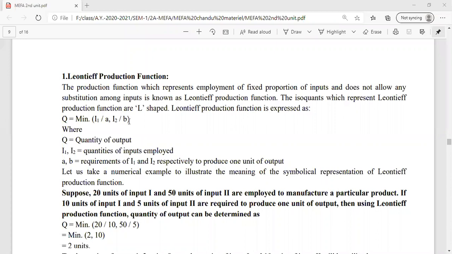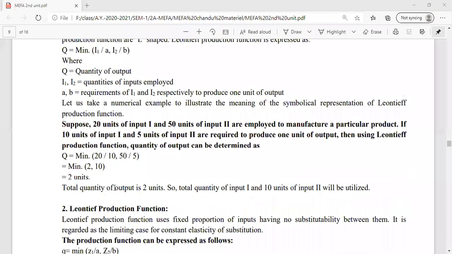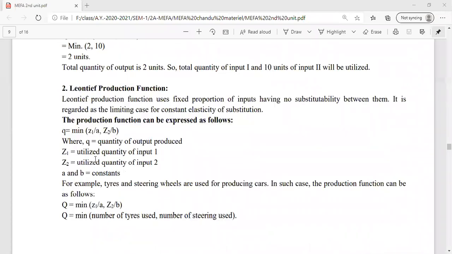That is my B. B is 1 and A is 5. So what is my input? 5000 tires, that is I1, and 500 steering wheels, that is my I2. Okay, the same thing they have given. Don't get confused by seeing too much there.